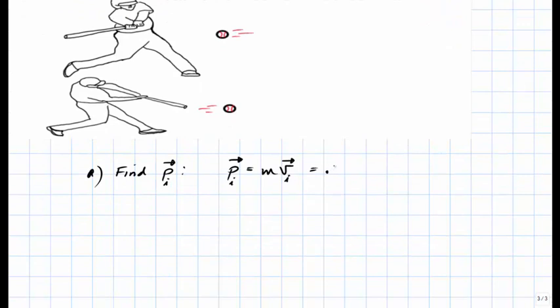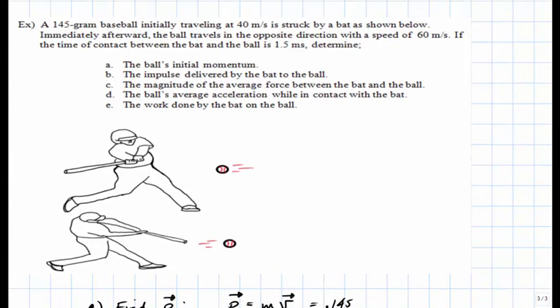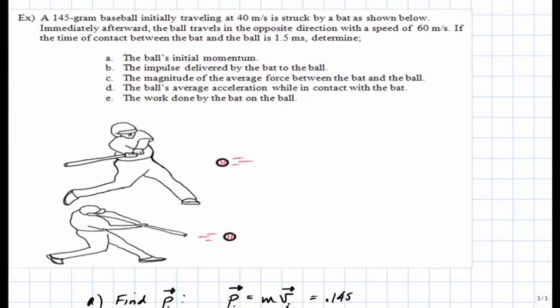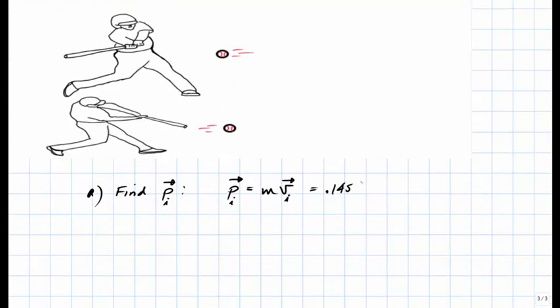Okay, so the mass equals 0.145 kilograms, and we'll multiply that by the initial velocity. The initial velocity is 40 meters per second, but the ball's traveling to the left. Therefore, it has to be entered in as a negative quantity.